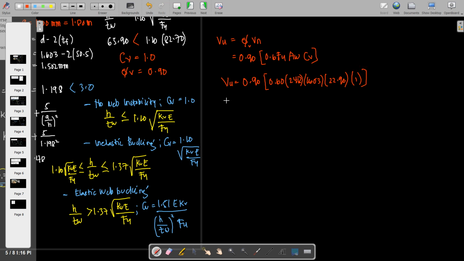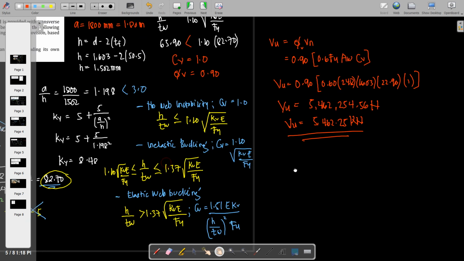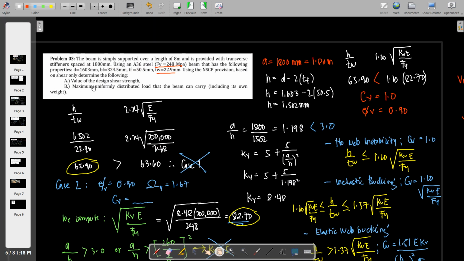No? So, therefore, Vu is equal to 5,460,000. So, ito, 5,462.25 kilonewton. Okay, so this is the ultimate shear. So, the value of the design shear strength.